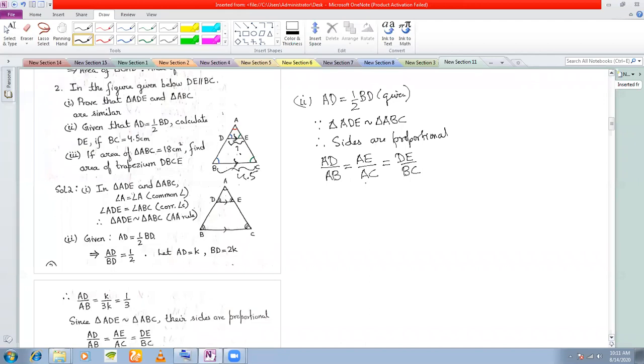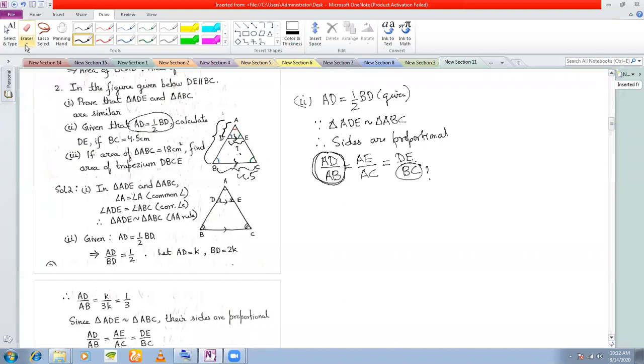So you need to find this length, DE. Also, what is the relation given? The relation between AD and BD is given. But here, what do I know? I know AD by AB is this.